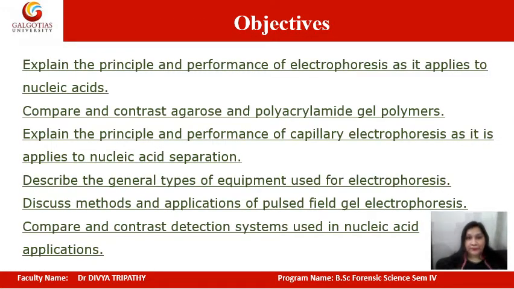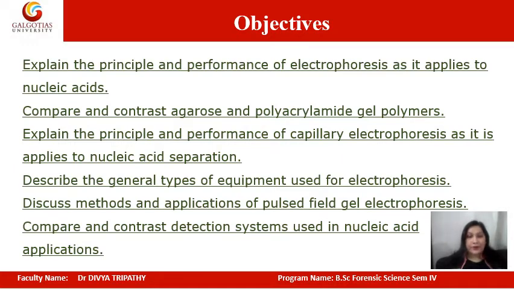Now, what are the objectives, or learning outcomes, of this lecture? After the end of this lecture, you will be able to explain the principle and performance of electrophoresis as it applies to nucleic acids. You will be able to compare and contrast agarose and polyacrylamide gel polymers.